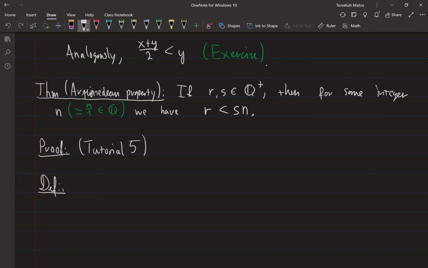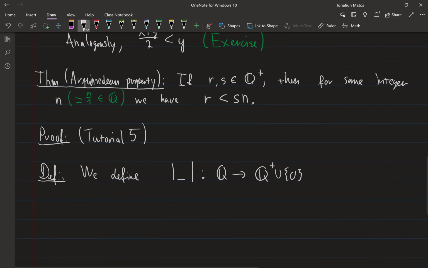Okay, so here's something that I'm sure you're familiar with. We define the following function. And the function is denoted by two vertical bars and then some number in the middle, right? And this will be a function from the rationals to the rationals. And actually the codomain will not just be the rationals, but it will be the positive rationals with 0, but this isn't really that important right now.